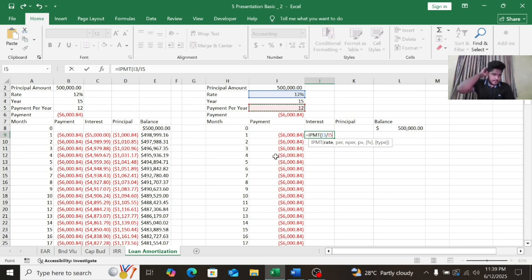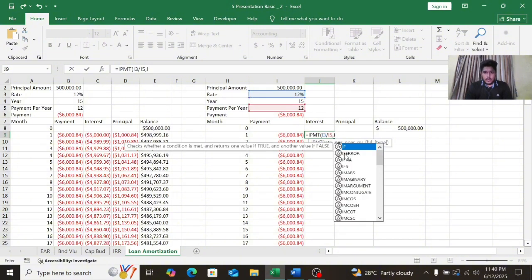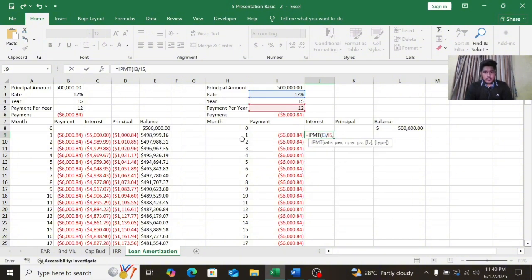The per is the number of months. The nper is the number of years into payments per year.